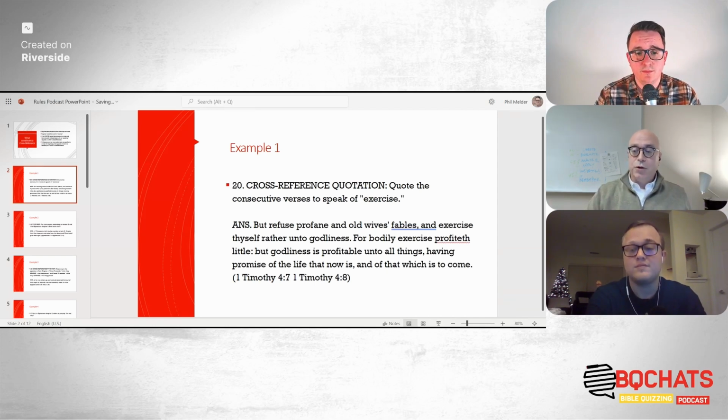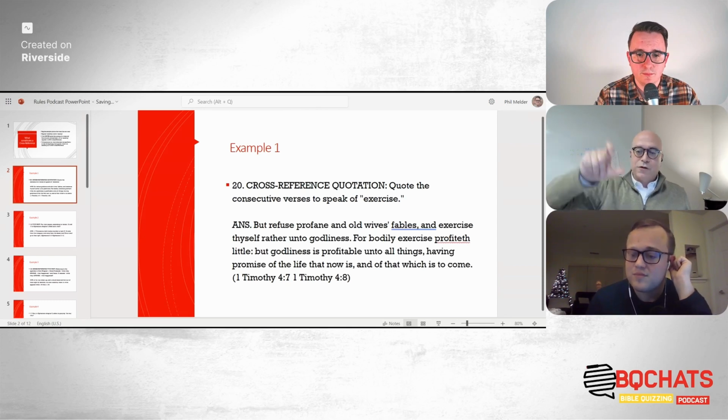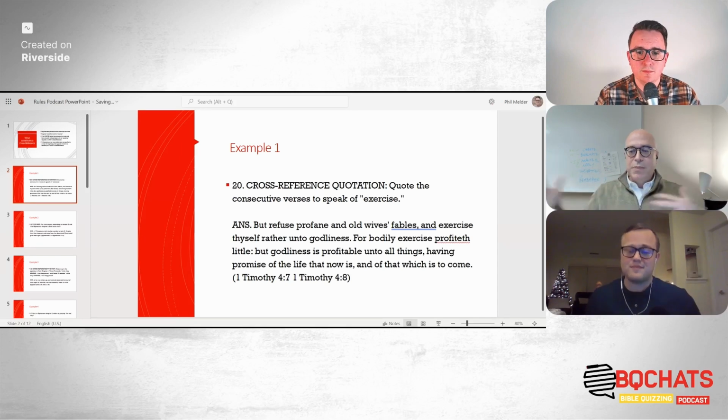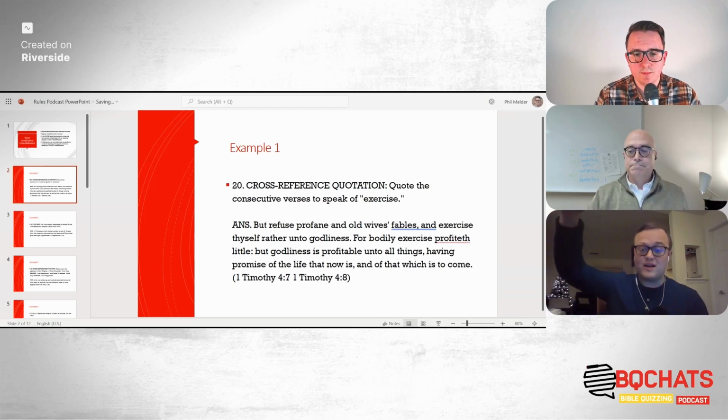Whereas in your previous example, if it was like Peter said what, and he rambles on for 3 verses, well, if he said the third verse first and the second verse third, that could completely mix it up and change the meaning of what's being said. Same thing, like quote the 2 verses preceding the one that speaks of blank, right?